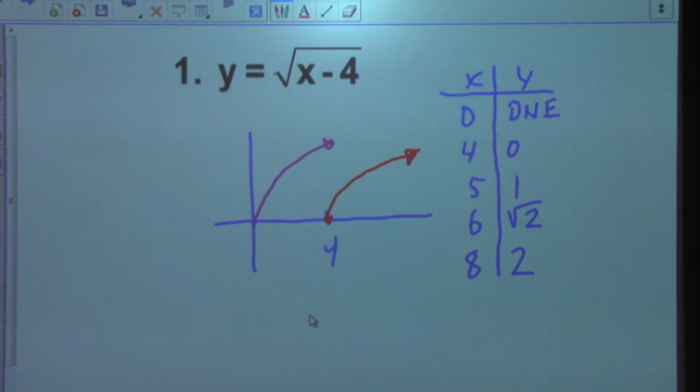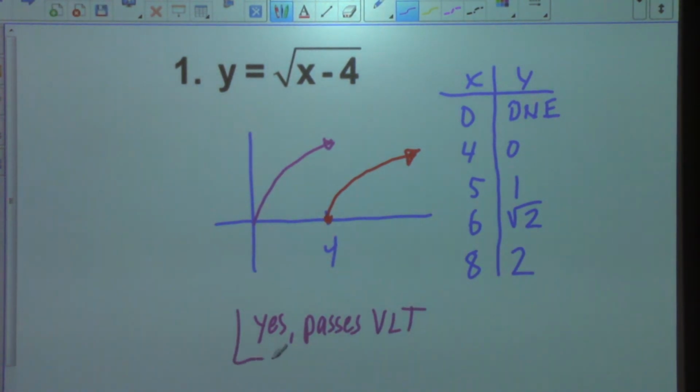And yes, it passes the vertical line test, so numerically, graphically, and also just your understanding. If you understand what a square root equation does, you'll know the answer too. So there are a lot of different ways. So yes, and as Emily said, we know it passes the vertical line test, so that's one way we can verify that.